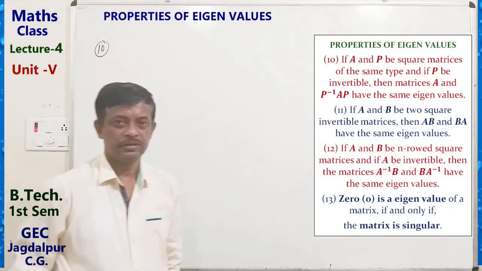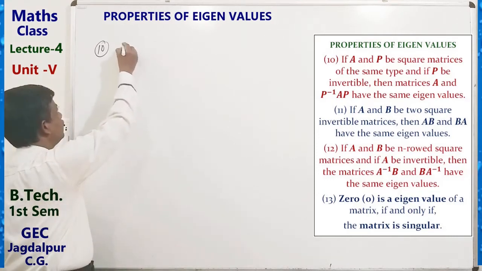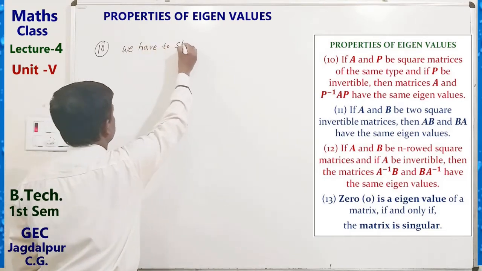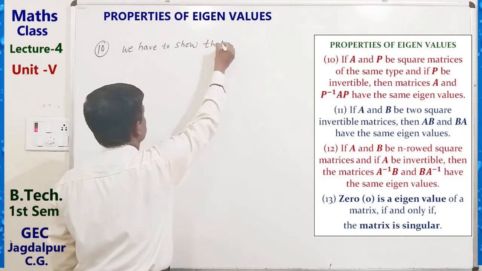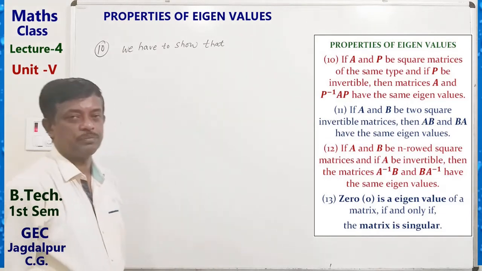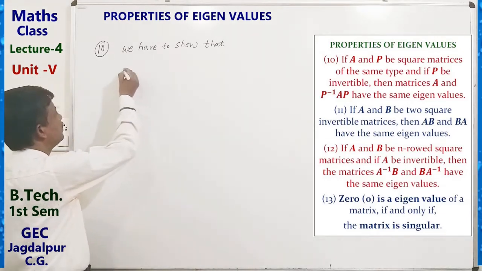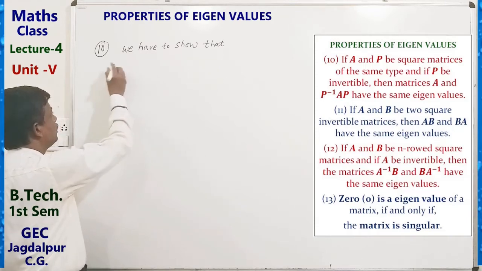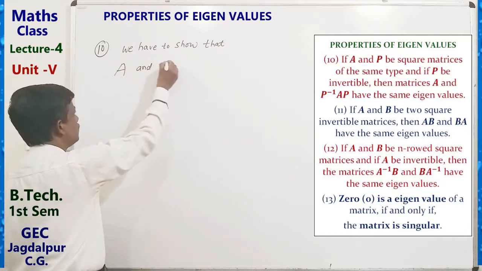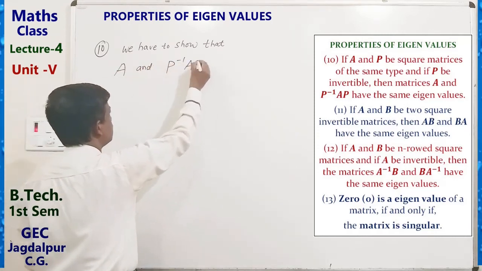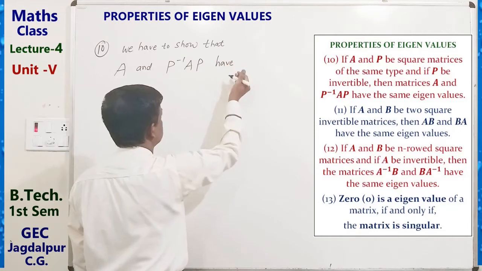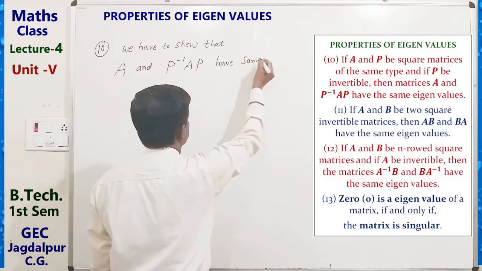Here we have to show that the matrices A and P inverse A P have the same eigenvalues.